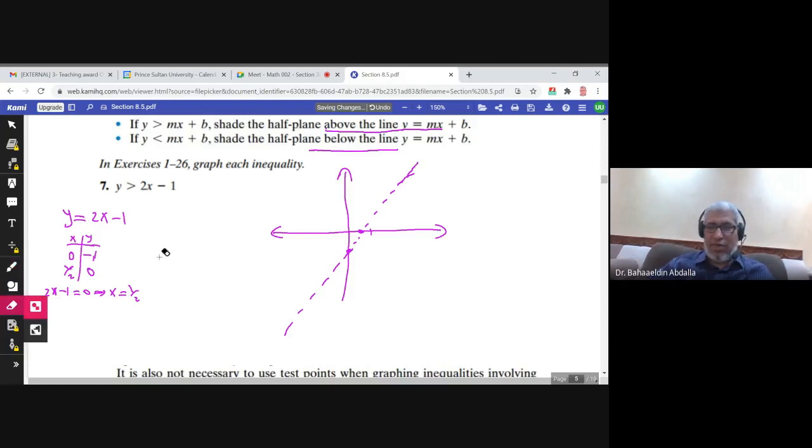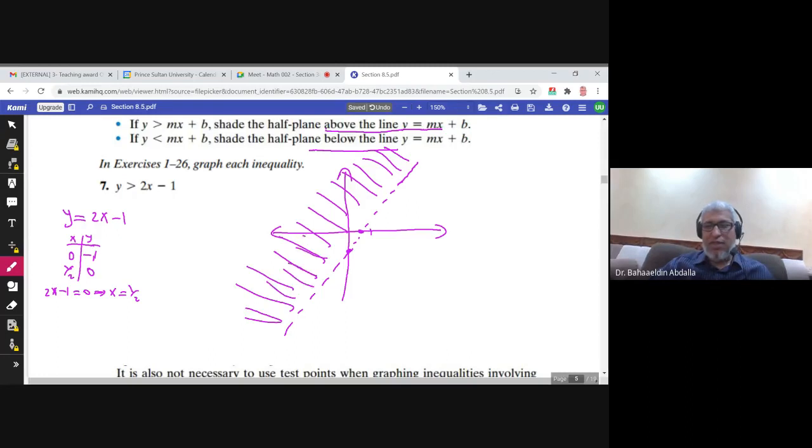All right. Now, where is the graph? This is greater than, it is solved for y, and y is greater than. So where is the half plane above the line? It is this one. So this would be the graph of this inequality. You can do that immediately, quickly, without choosing a test point.